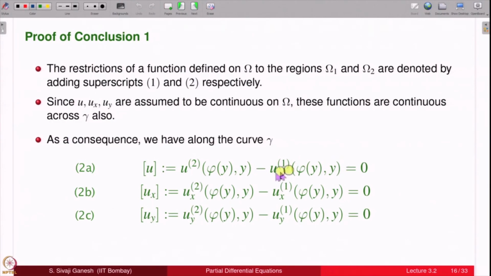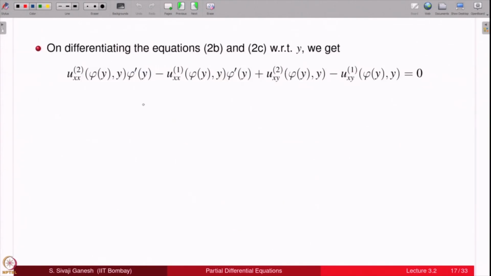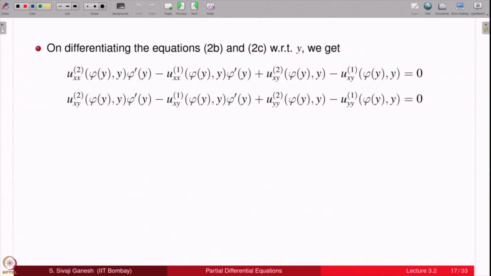If you differentiate this with respect to y, what will you get? Nothing useful, because we now want to consider jumps in second order derivatives. That is the reason. So, we differentiate the last two equations on the previous slide; we get this by differentiating the first equation and this by differentiating the second equation.